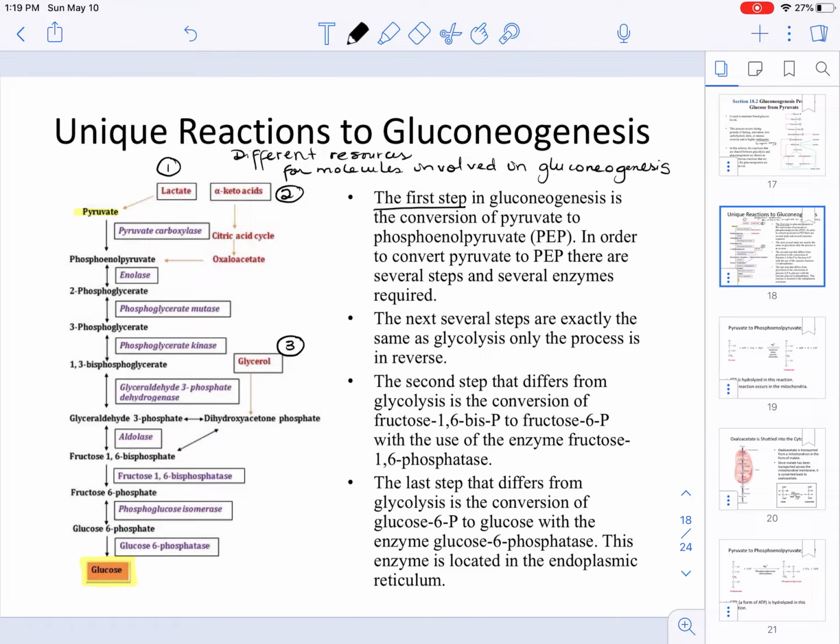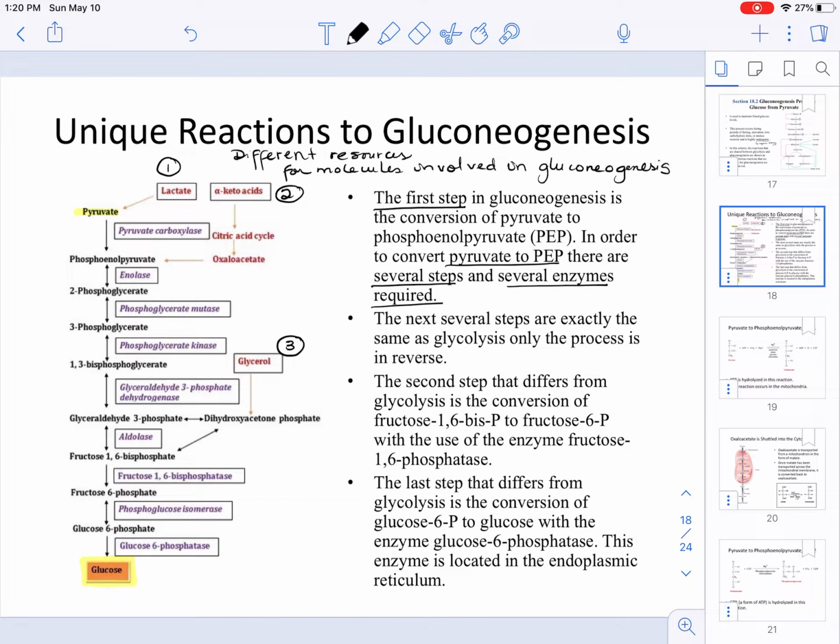And in the last step of glycolysis, which technically is going to be the first step in gluconeogenesis, we had phosphoenolpyruvate being converted into pyruvate. So logically, pyruvate needs to be converted into phosphoenolpyruvate in the process of gluconeogenesis. But interestingly, this is not a one-step reaction. The conversion of pyruvate to phosphoenolpyruvate requires several steps and several enzymes.